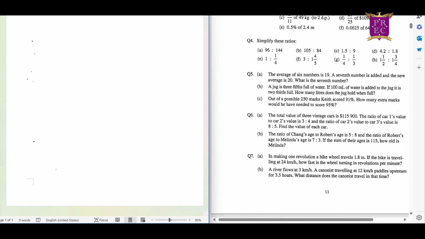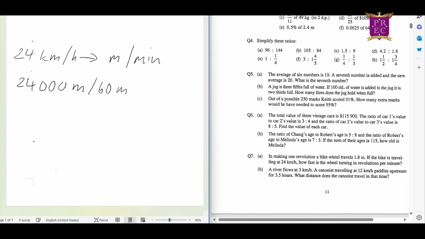We'll convert 24 kilometers an hour into meters per minute, because revolutions are given in meters, so we need to find out what it is in meters per minute. 24 kilometers an hour is 24,000 meters in 60 minutes.